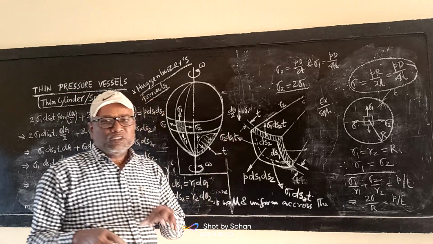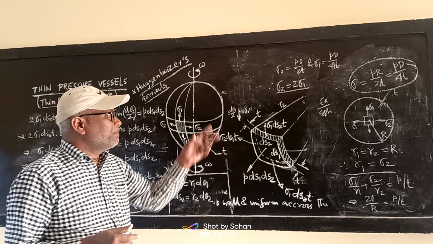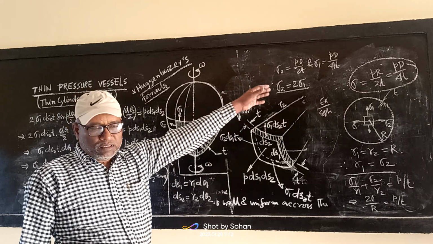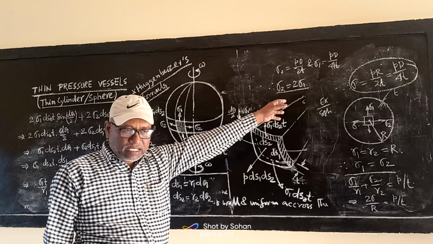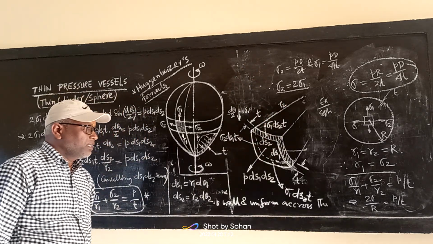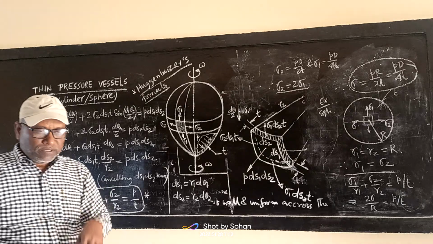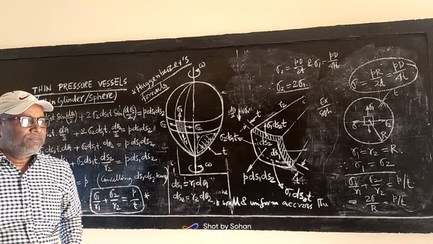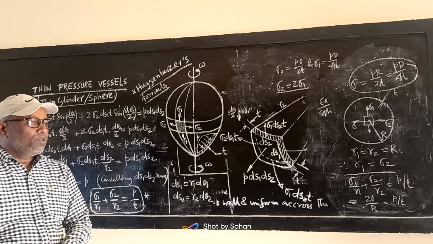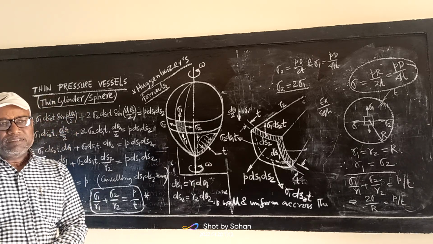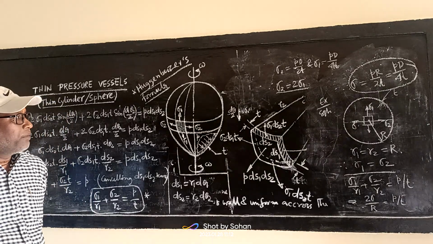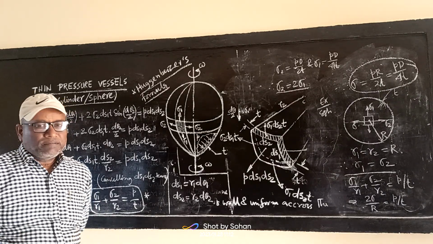Both stresses govern in this case, and that value is PD by 4T, which is less than the cylindrical governing stress. From the ease of manufacturing, a cylinder can be easily manufactured. This is why usually for low and moderate pressure, cylindrical vessels are used. For large capacity and high pressure, we will apply the spherical vessel.